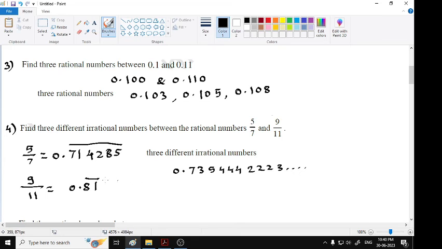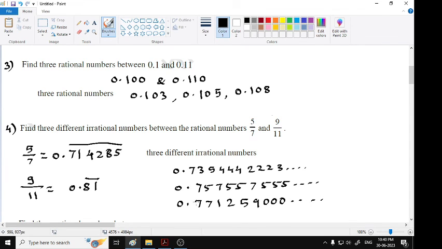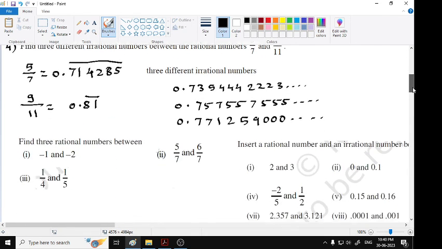Now two more, and they must be between 0.71 and 0.81. Let us consider 0.75, 0.755, 0.7555 and so on. Next can be 0.7712590000. So these are non-terminating and non-recurring. So these are decimal expansions of irrational numbers.